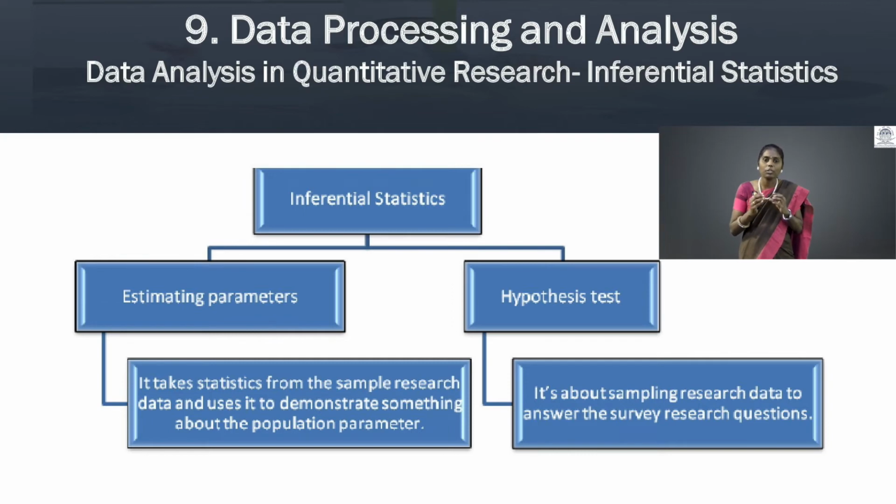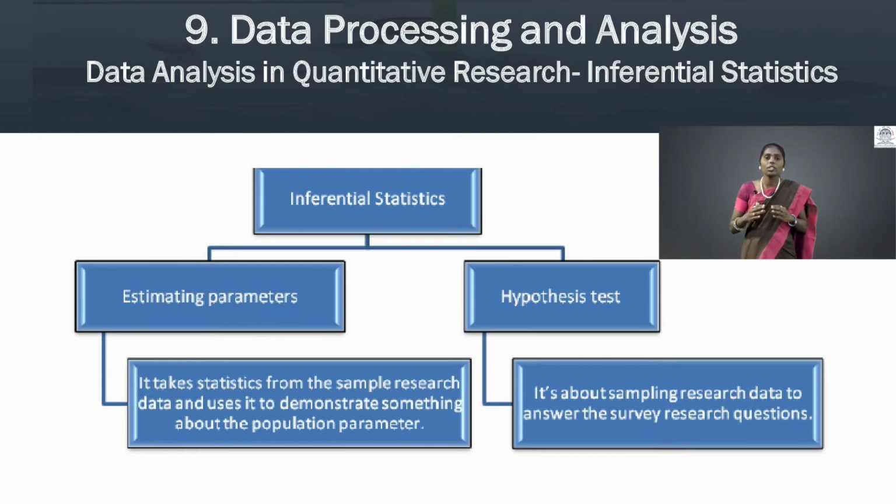So the researcher would take 10% of the population, let's say 1,000 students, and study how knowledgeable or brilliant they are. Based on the results of the study, they will estimate the population.